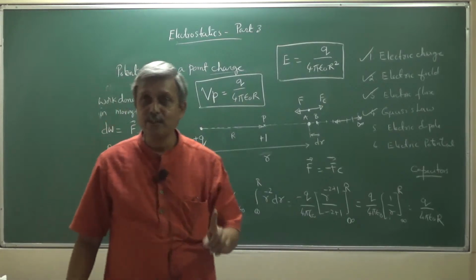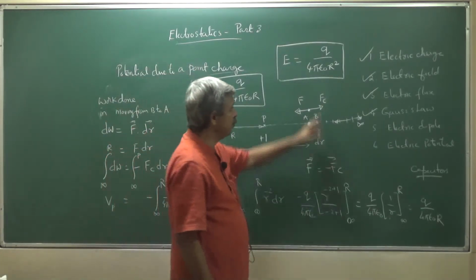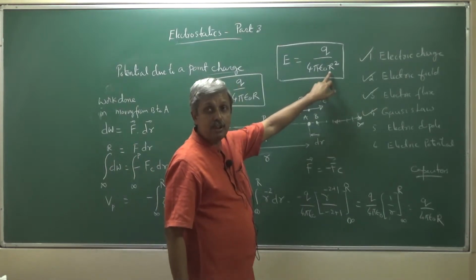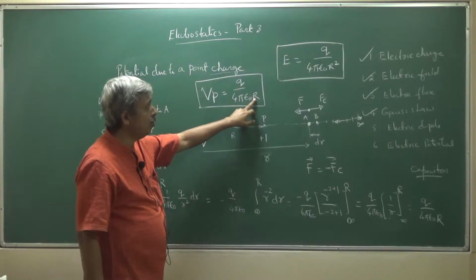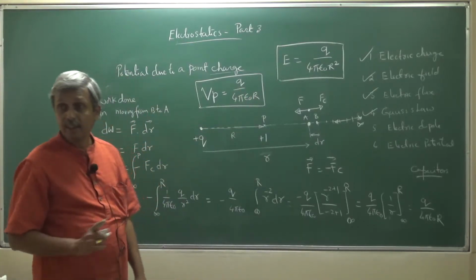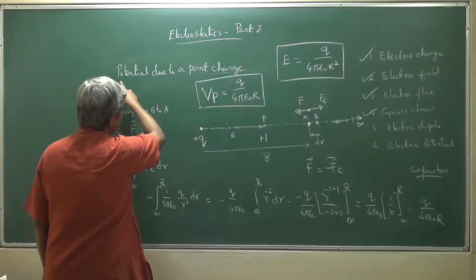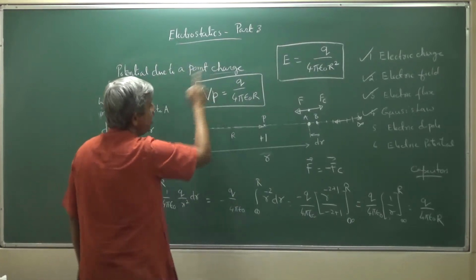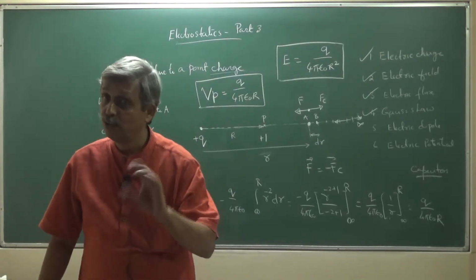So if you know E, you can remember V also. E is inversely proportional to R square, and V is inversely proportional to R. This is only for the electrostatic potential due to a point charge. This is due to a point charge only.